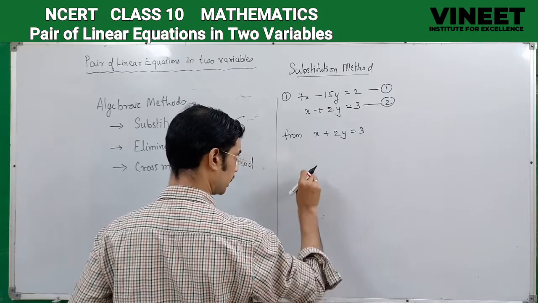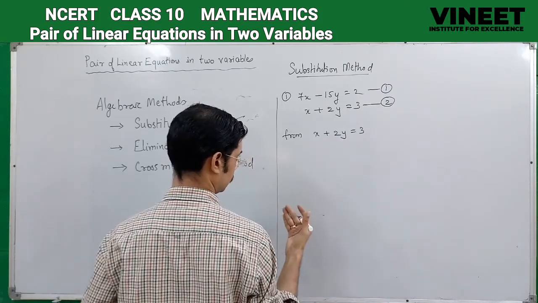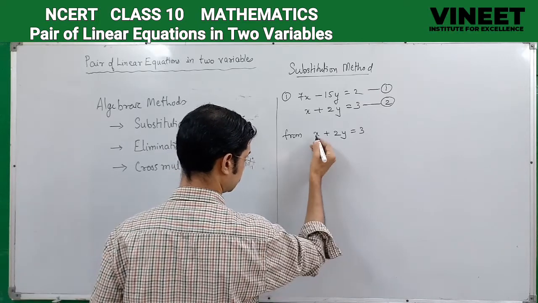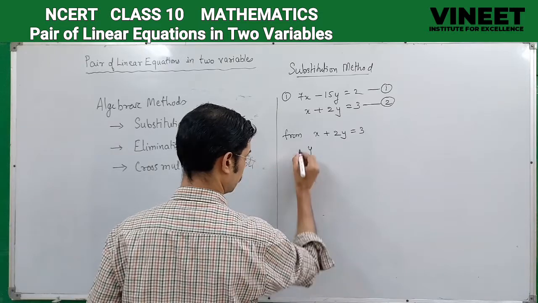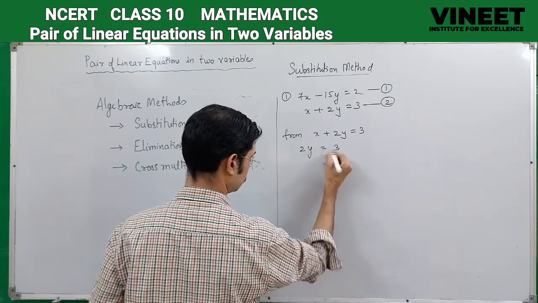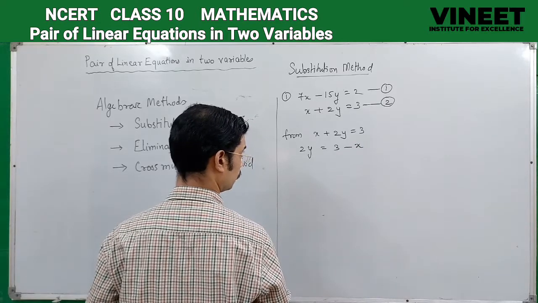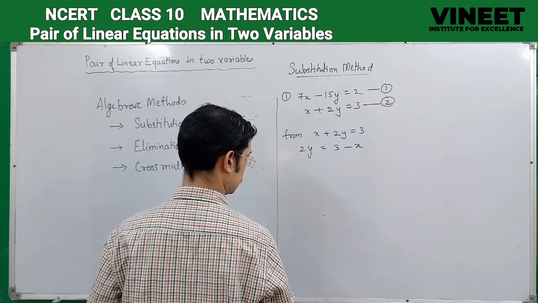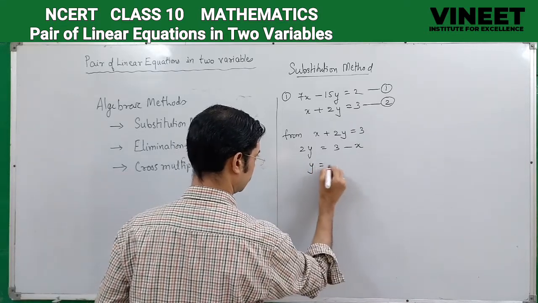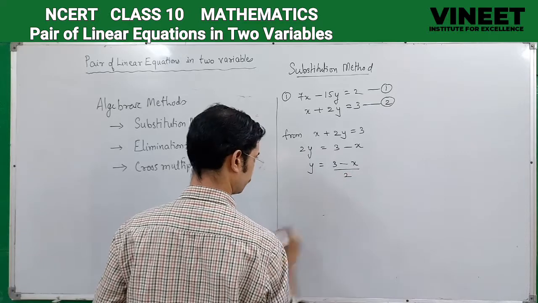Let me first consider y. 2y is equal to 3 minus x. That is, y will be equal to (3 minus x) by 2.